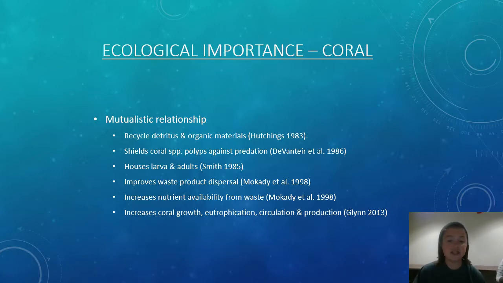There has been seen in research an improvement in waste product dispersal, according to McCady et al. 1998. There has been an increased nutrient availability from waste, also according to McCady et al. 1998. There has also been seen in research an increased coral growth in size, eutrophication, and circulation and production, according to Glenn 2013.